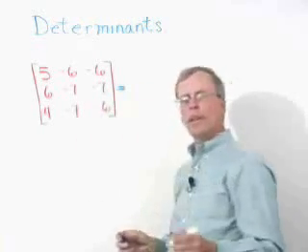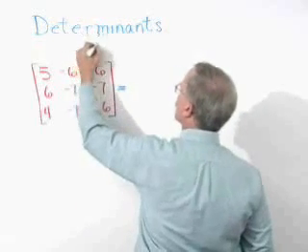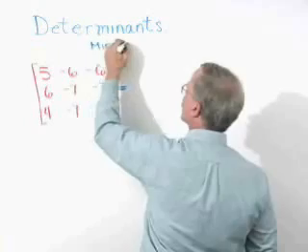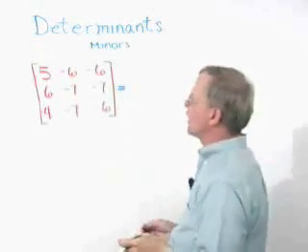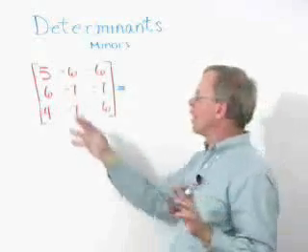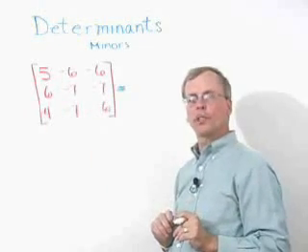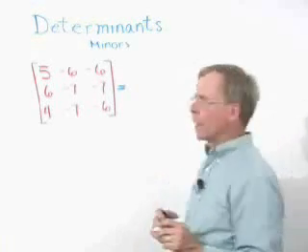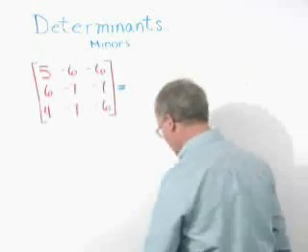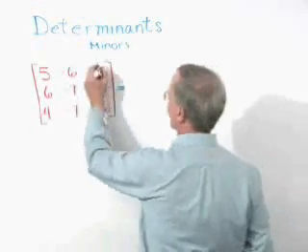Well, there are several ways to accomplish this, but we're going to use something called minors. What we do is we can choose any individual item. In this case, there are 9 different values from which to choose, and we can choose any one of those, and then we mark out its row and column to start with.